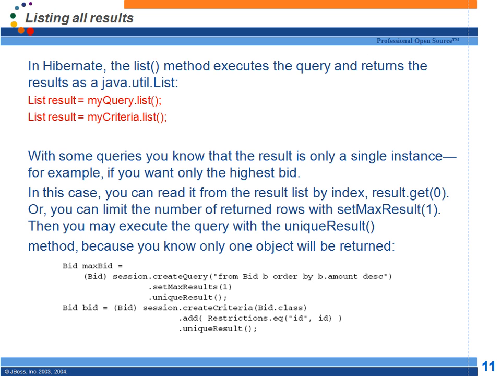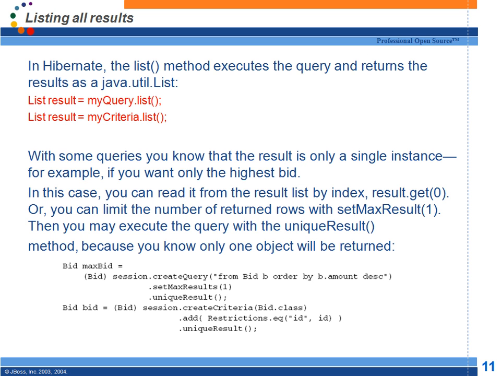So when I am expecting only one object as the result of this query, I can call a method on the query called dot unique result. Okay, unique result will return an object. You can just typecast this object directly, right?